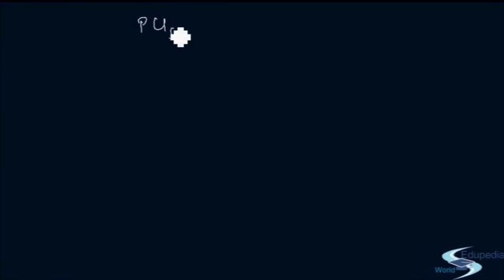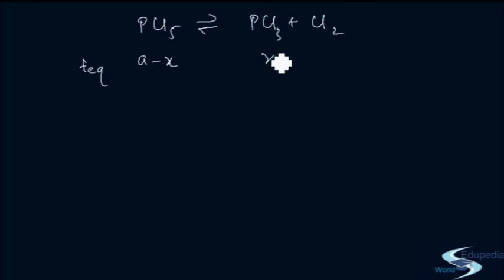So for PCl5, PCl3 and Cl2, we know that at equilibrium the moles are A minus x, x and x. The alpha value is defined as moles of PCl5 consumed divided by initial moles taken.